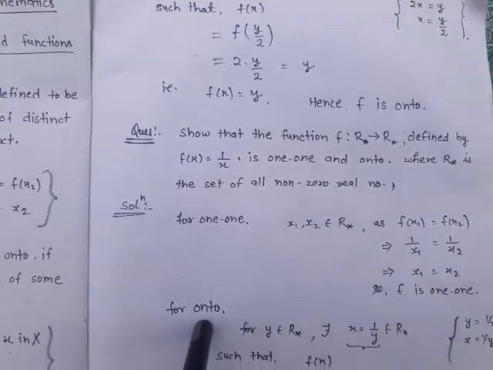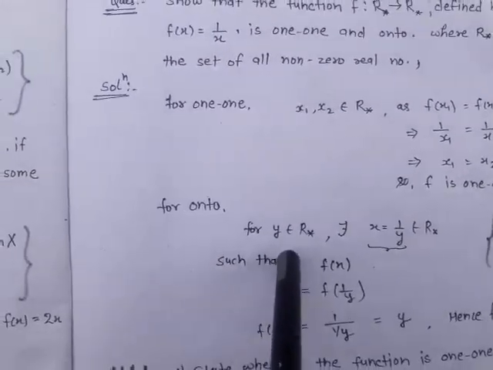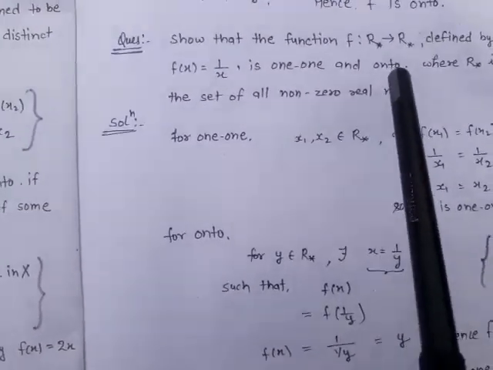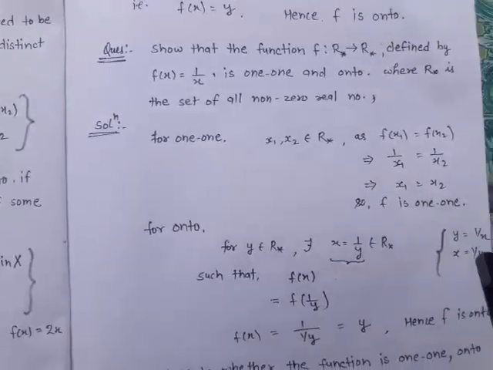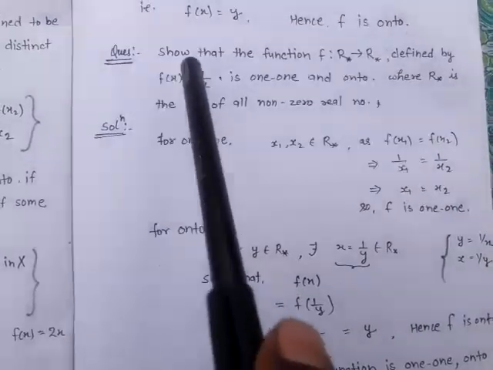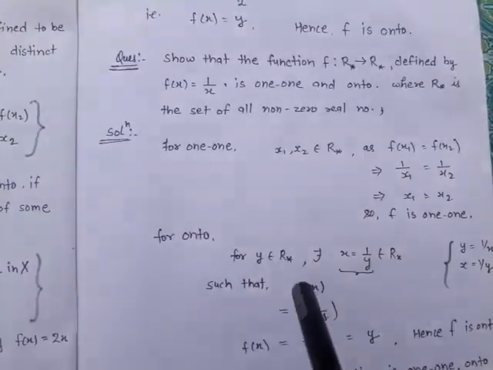For checking onto, for small y belongs to R*, we take small y in R*. For satisfying this, the function is f(x) = 1/x, then we assume 1/x = y.